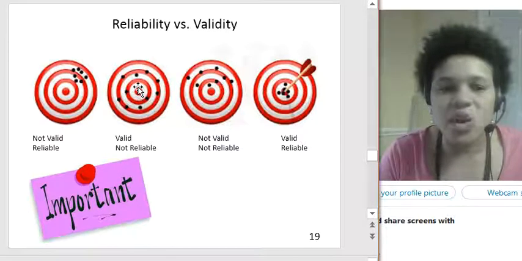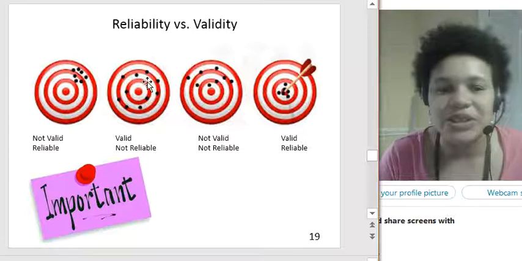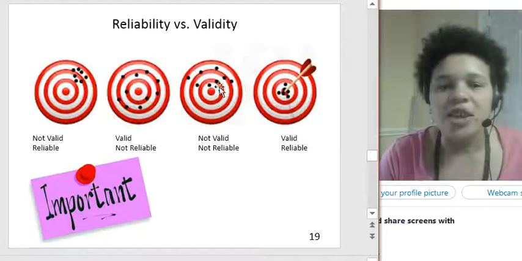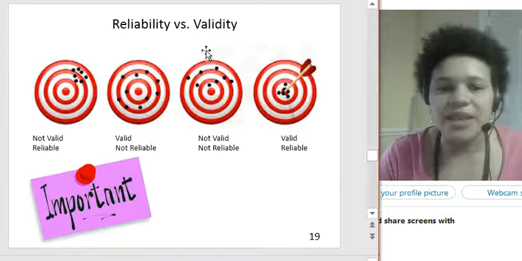So we're aiming in the right direction, so it's valid, but it's not reliably hitting the target. In fact, it hasn't hit the target at all. But on average, it looks like the person is aiming in the right direction.